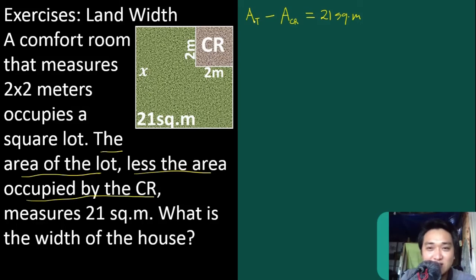So, total area of the lot minus area occupied by the CR is equivalent to 21 square meters. Now, let us investigate the area occupied by the CR. The area occupied by the CR is equivalent to S squared, because it is also a square, 2 by 2 square meters. So, that is equivalent to 2 times 2, which is equivalent to 4 square meters.